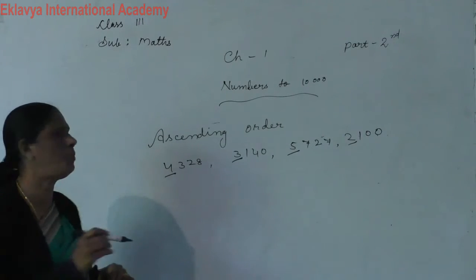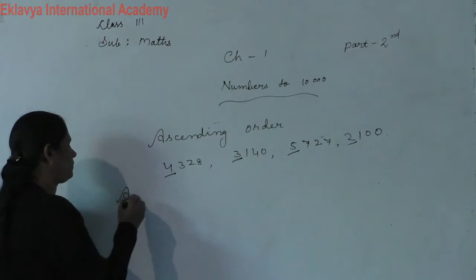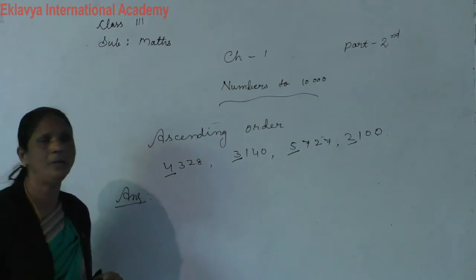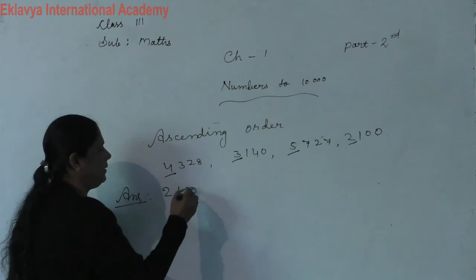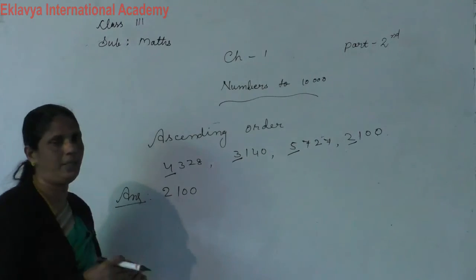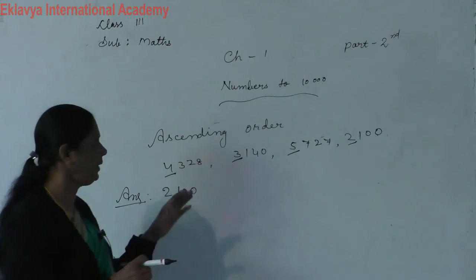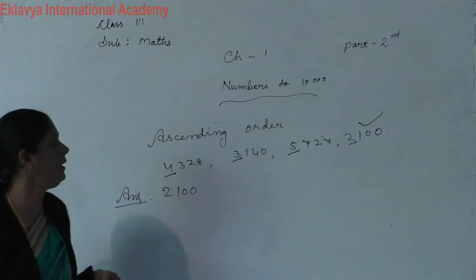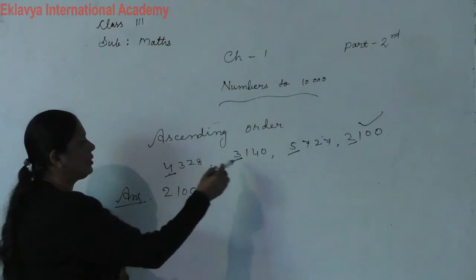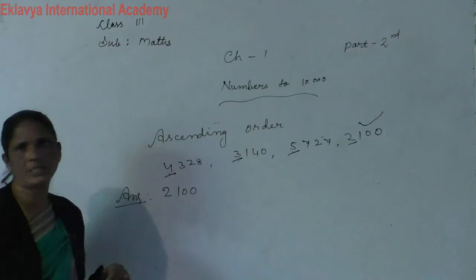Which is the smaller number? Which is the smaller here? 2100. Then next, we take this one. The next number, 3140. Which is smaller?